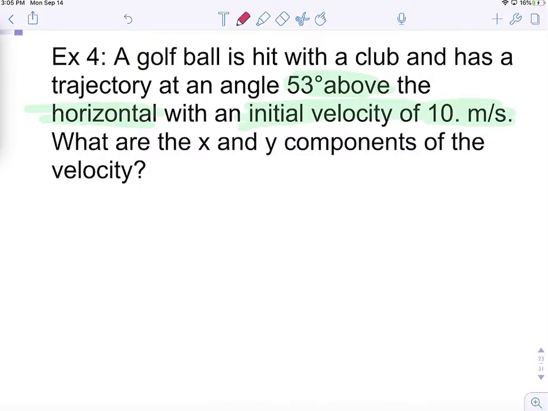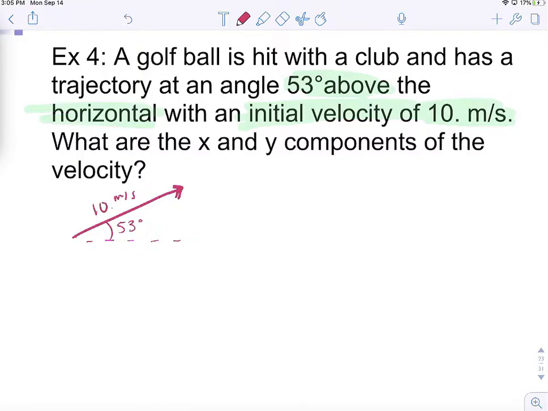So golf ball is hit at an angle 53 degrees above a horizontal. So I'm going to draw a line 53 degrees above a horizontal line. And that ball is moving at that angle at the velocity of 10 meters per second. So I'm just going to label that right there on that arrow that's at that angle.